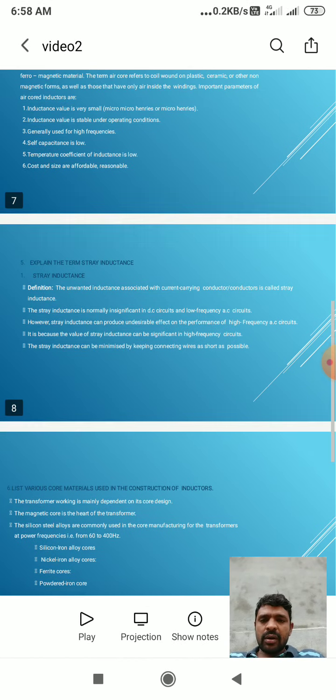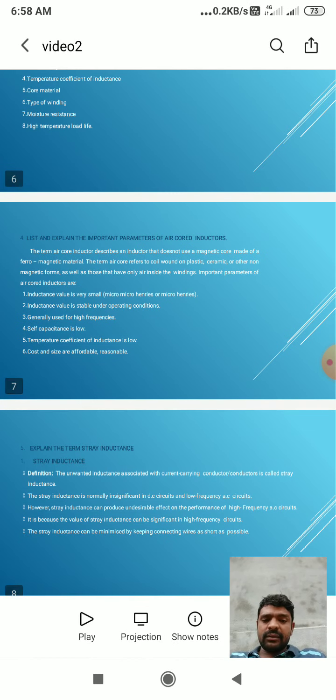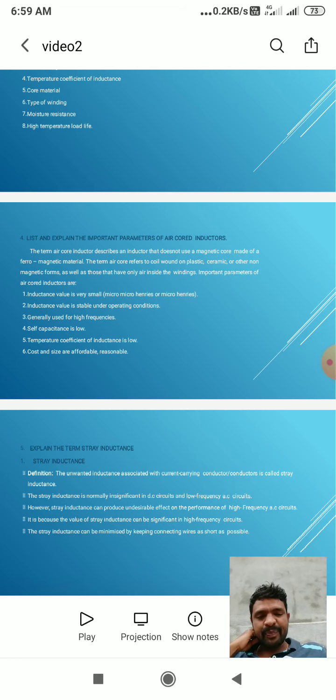Stray inductance is the unwanted inductance that is present in any circuit. This inductance value is very small. It is measured at very low frequency. It can be effective in low frequency circuits. In very high frequency circuits it is negligible.